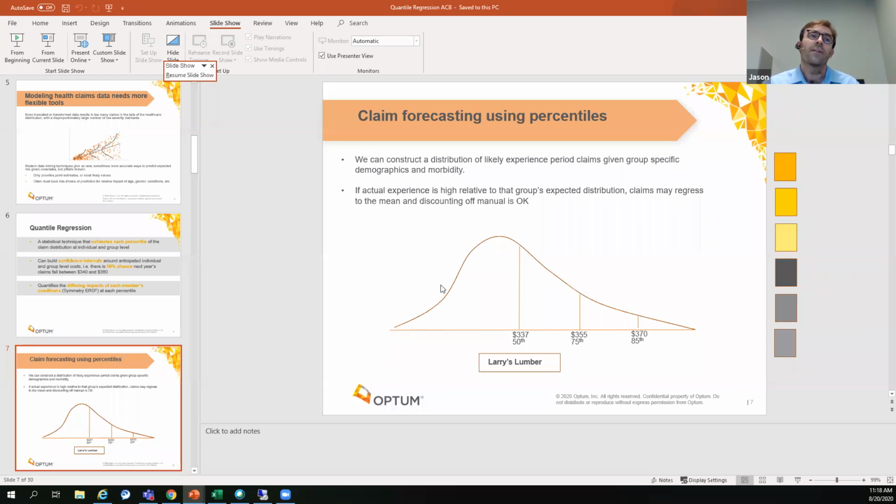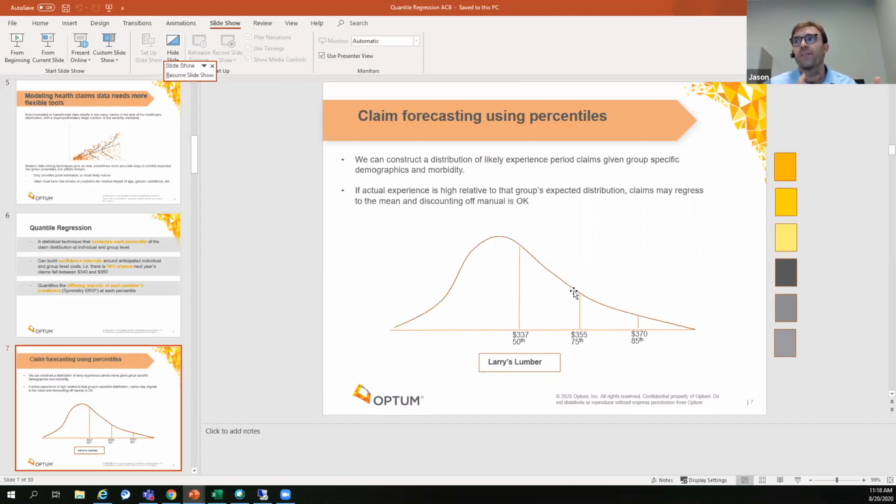So looking at Larry's Lumber down below, if this is a concurrent or retrospective look based on the morbidity profile of Larry's Lumber, and the actual experience that you had in that year for that group was something like 355, then you might think, well, of course there's going to be normal trend and other things for next year's price, but relative to other groups, Larry's Lumber is more likely to regress to the mean, given that there's no changes in morbidity profile, and maybe is a better candidate for discounting than if they had actually experienced, say, 323 or something in that year.